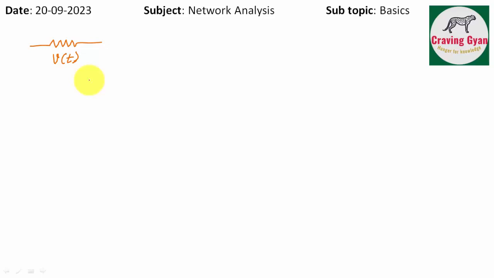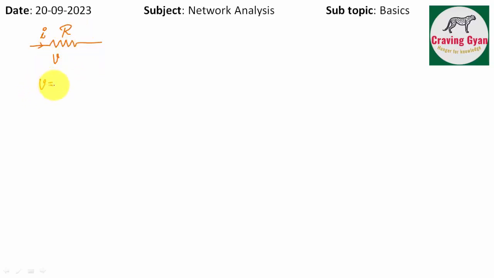What is the current that is getting into the resistor? I will be taking it as a small i. What is the resistance that is being offered? That is R. What is the voltage drop?